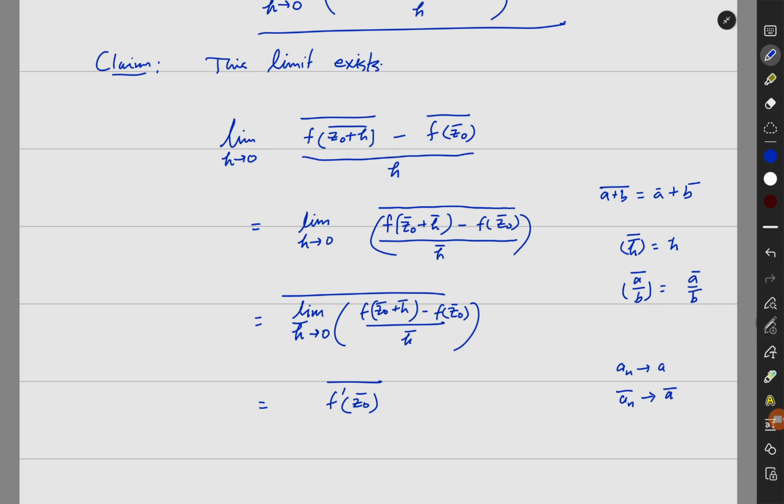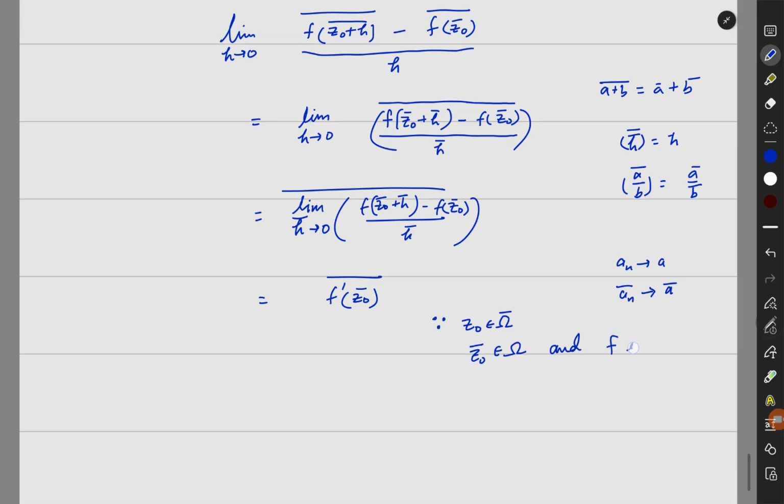Inside part is f prime at z naught bar, and since z naught belongs to omega bar, z naught bar belongs to omega, and f is holomorphic on omega, f prime at z naught bar exists, and we take bar on it again, this also belongs to the complex plane.